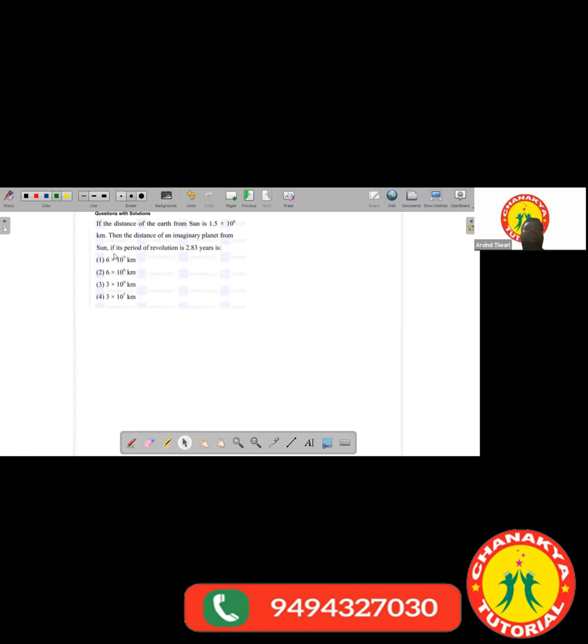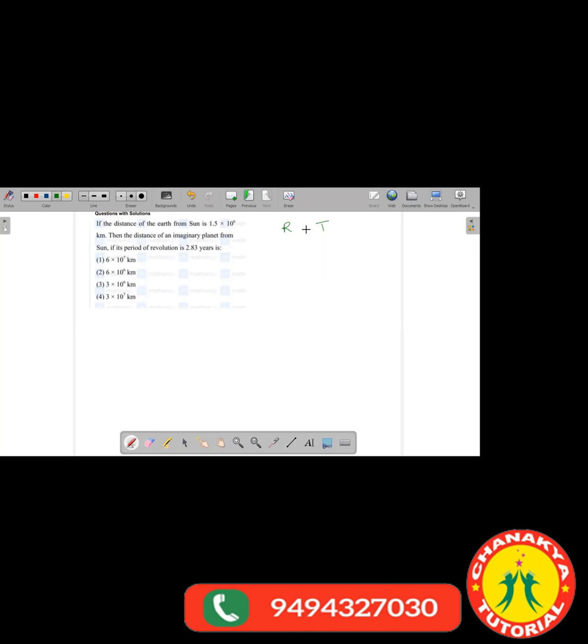If the distance of Earth from the Sun is 1.5 times 10 to the power 6 kilometer, then find the distance of an imaginary planet from the Sun, if its period of revolution is 2.83 years. So here we have to find out a relationship between distance and time period. Is there any relationship between distance and time period?